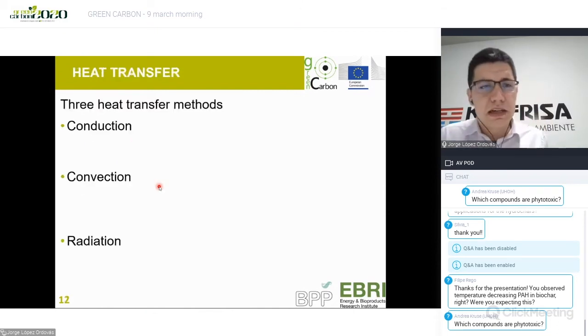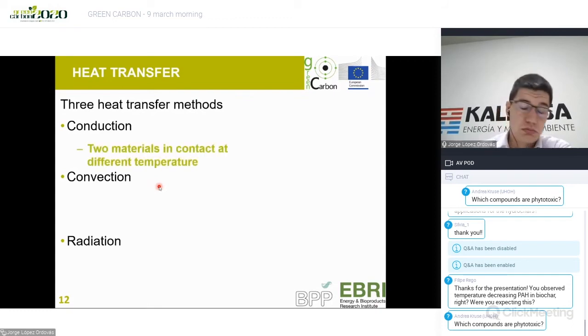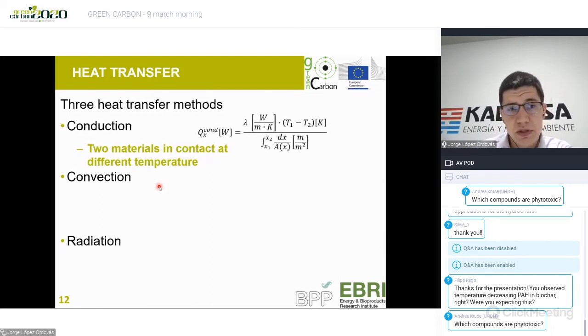We now come to the heat transfer. So we are talking about a very complex system. We have a very hot wall heated up by some combustion gases, and we have a bed of solids whose temperature we need to increase. So we have the three heat transfer methods. We have conduction, which occurs when two materials are in contact at different temperatures, and we calculate it through this equation.